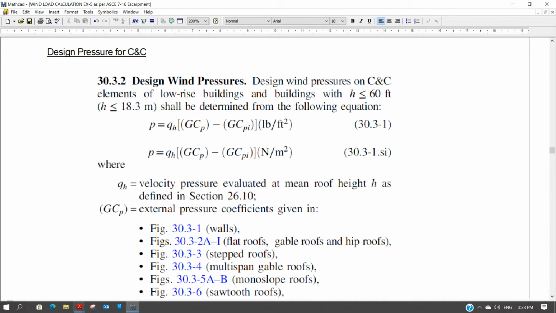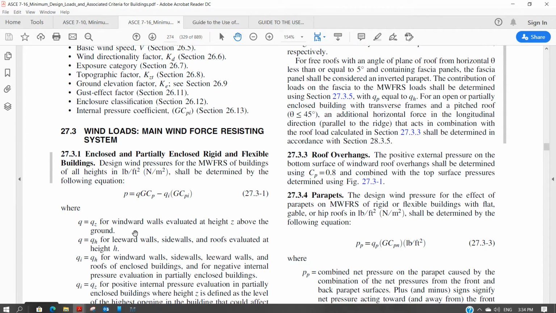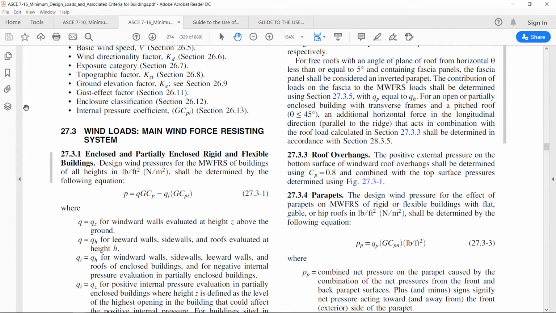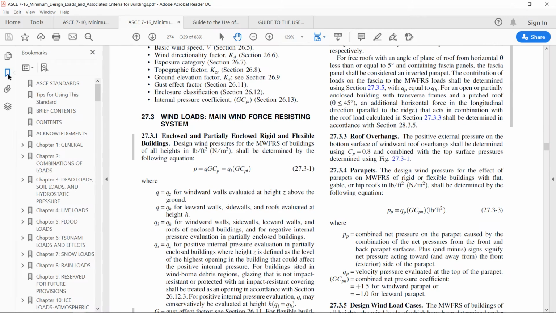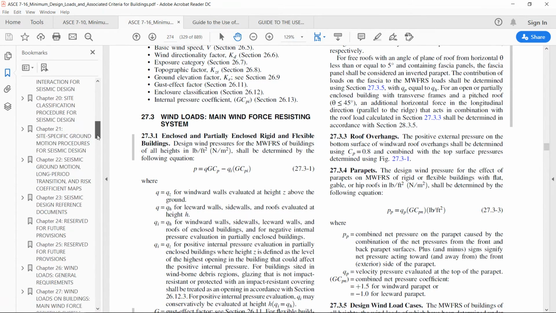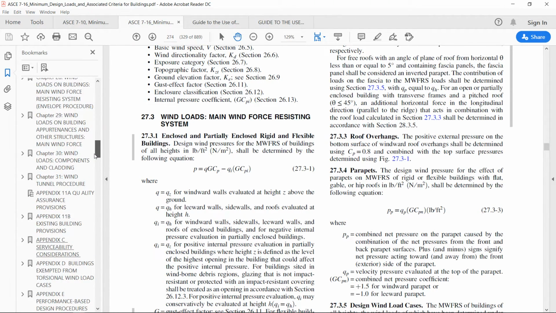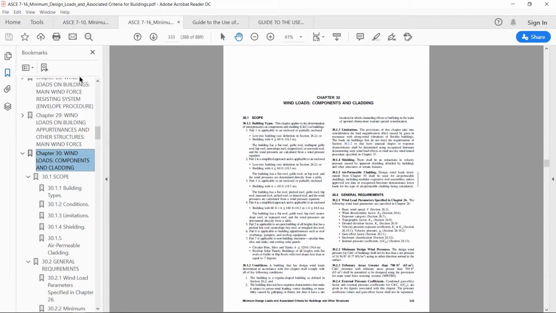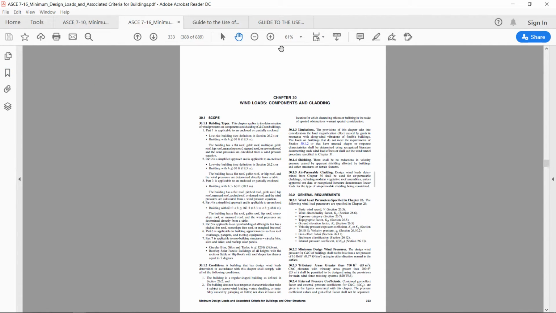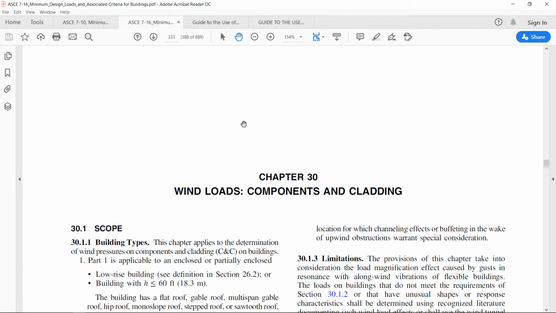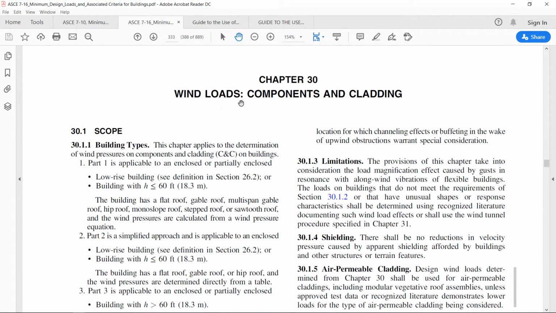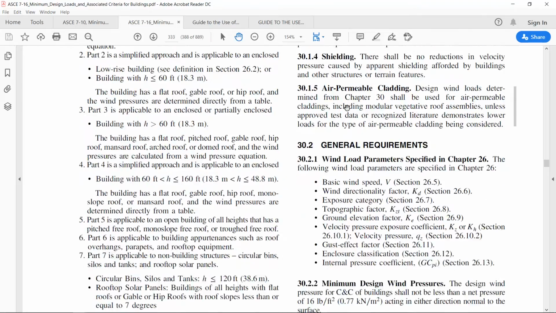Let me show you chapter 30. So this is the wind load for component and cladding.